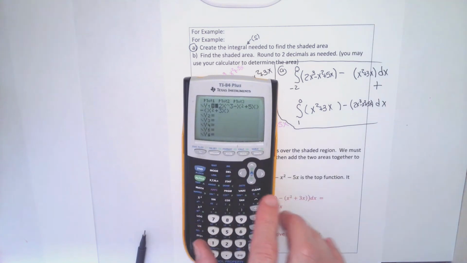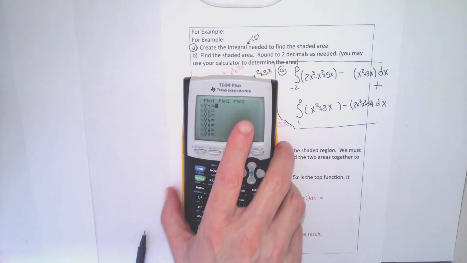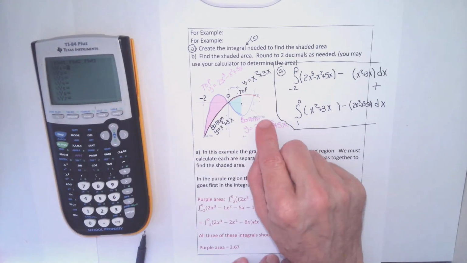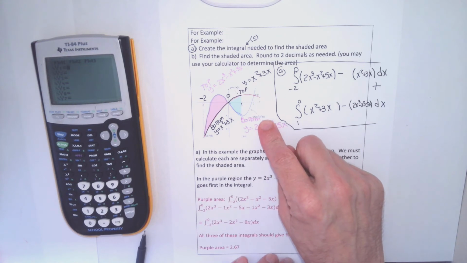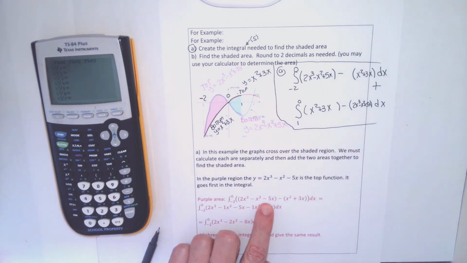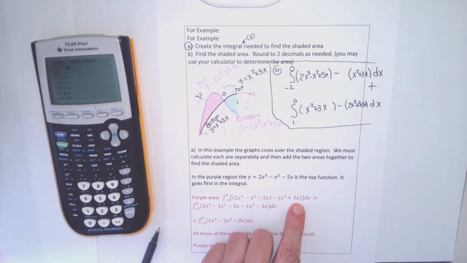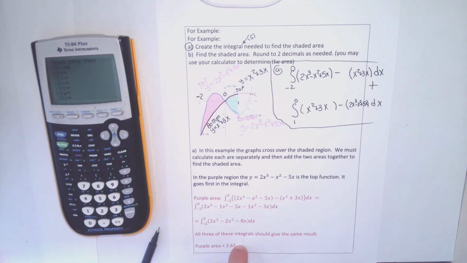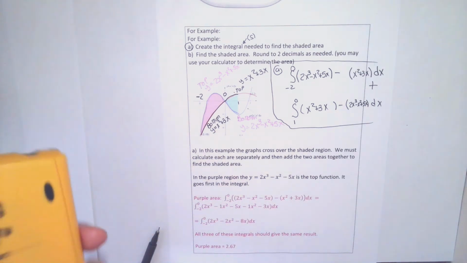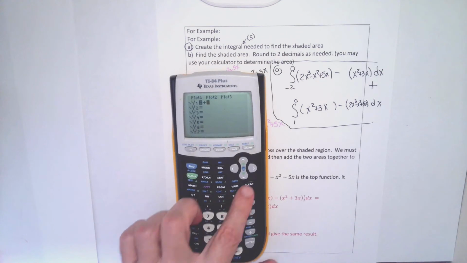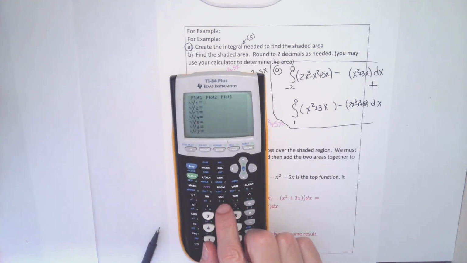I'm going to completely erase this and make sure that this first integral, 2x cubed minus x squared minus 5x, and then minus x squared plus 3x. I should get 2.67 for this, but I did it earlier. That means I entered something wrong on my calculator. You should never get a negative area when you're doing top minus bottom.